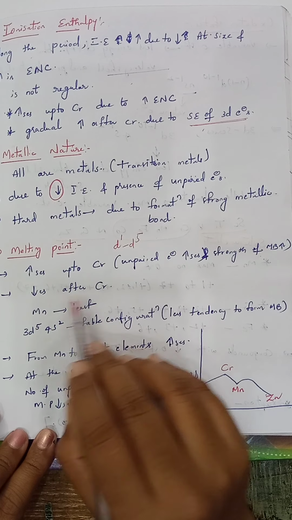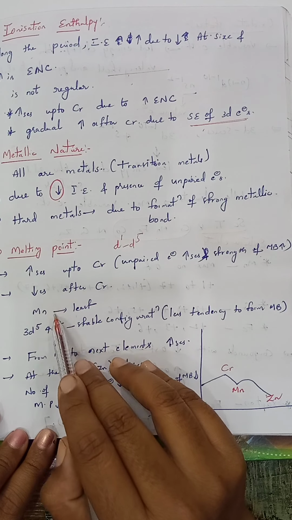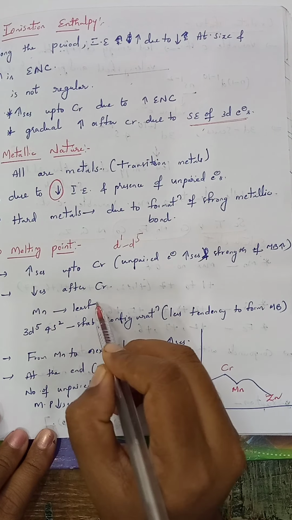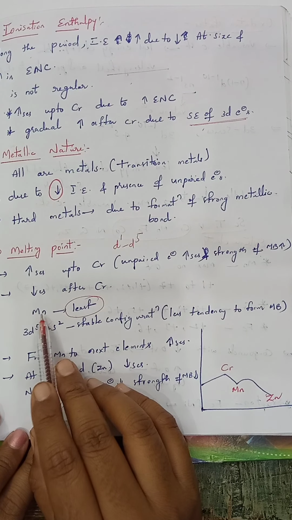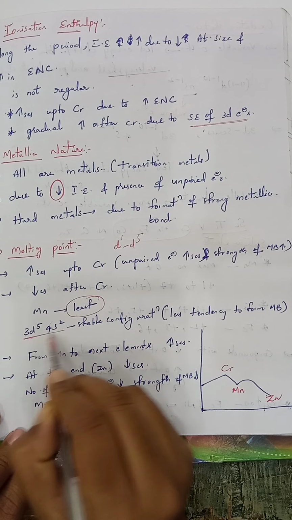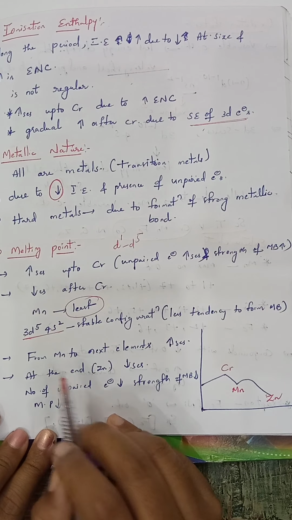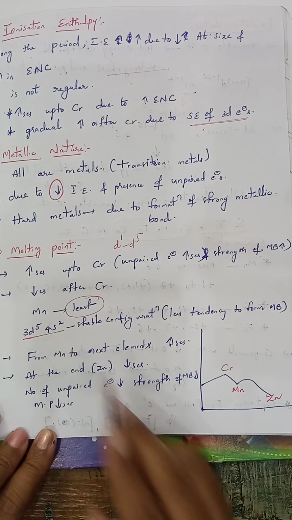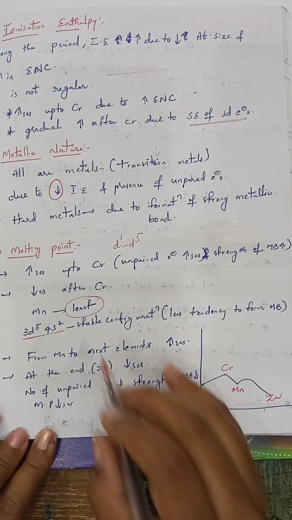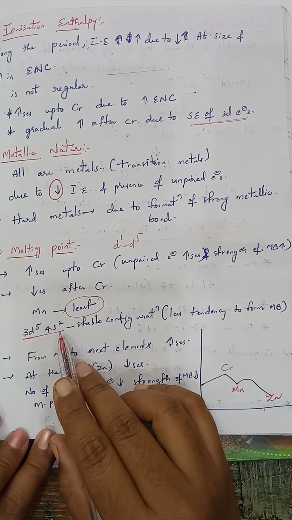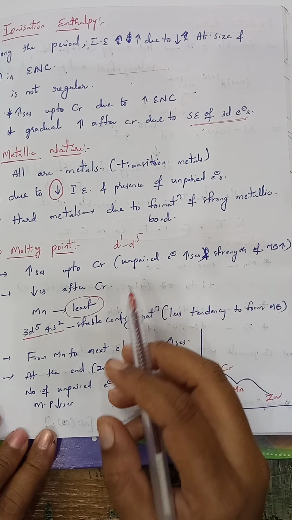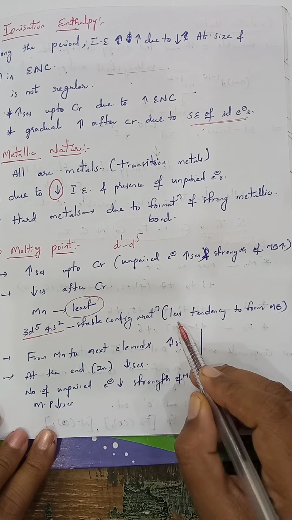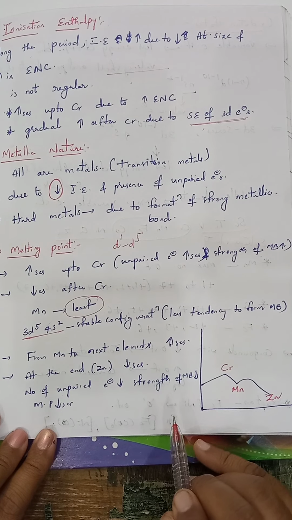After chromium, this melting point decreases and it is minimum and least for manganese, because manganese exists in a stable configuration, that is 3d5 4s2. Due to existing in stable configuration, it shows very low melting point because it has less tendency to form metallic bond.